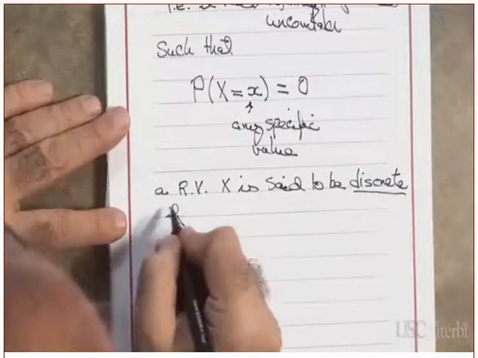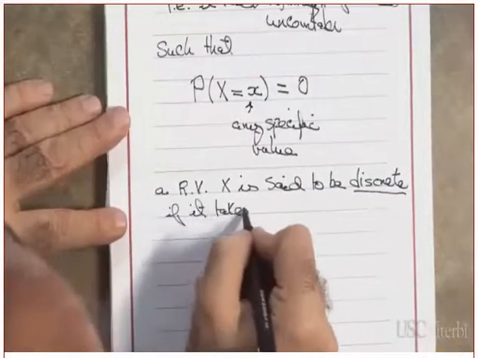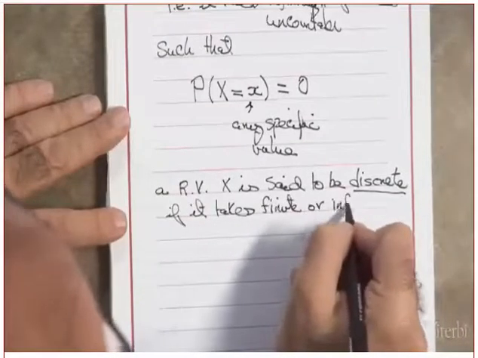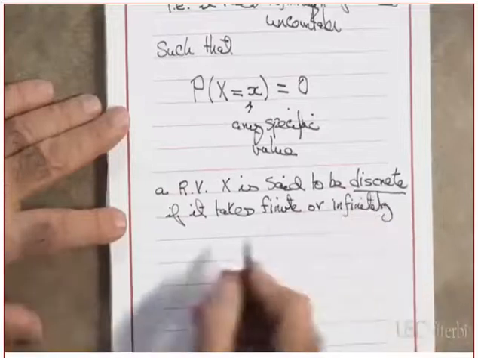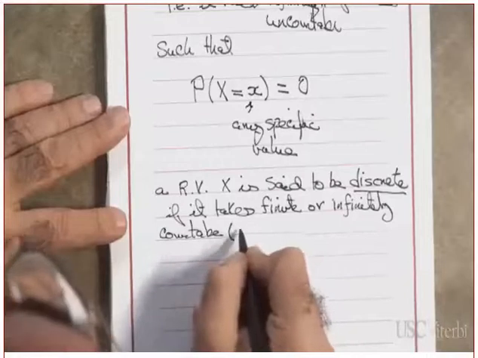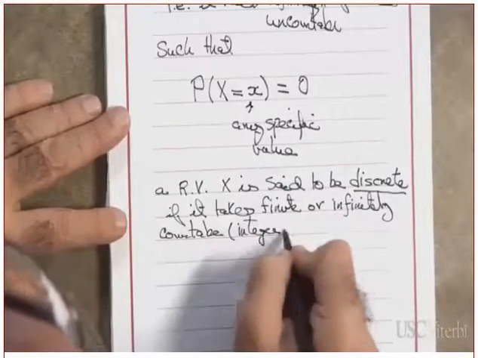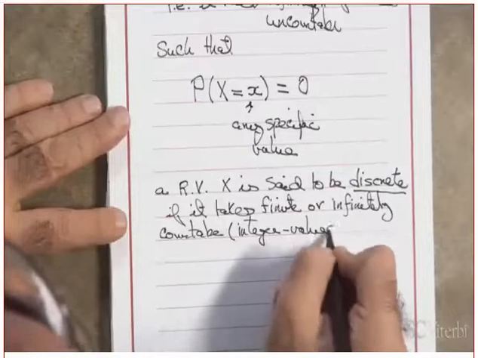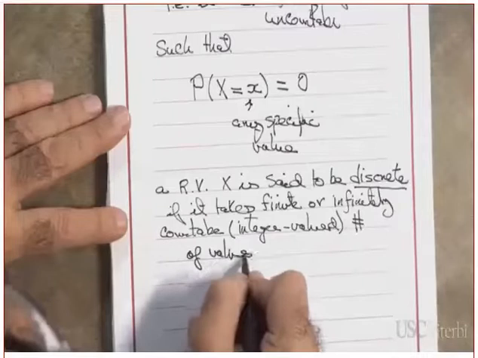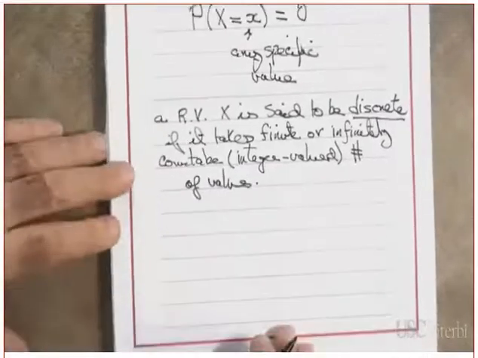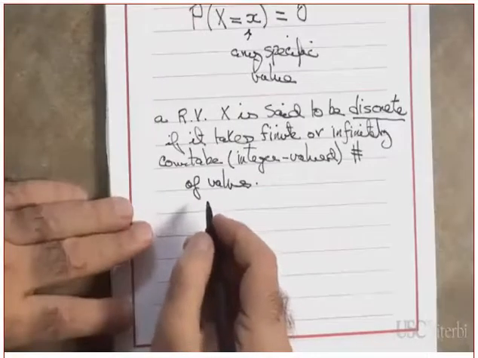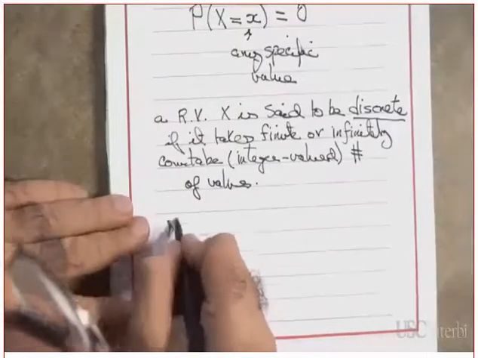If it takes finite or infinitely countable number of values, meaning integers. Clear? What is a mixed random variable?